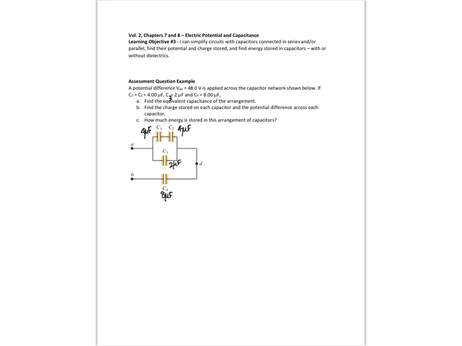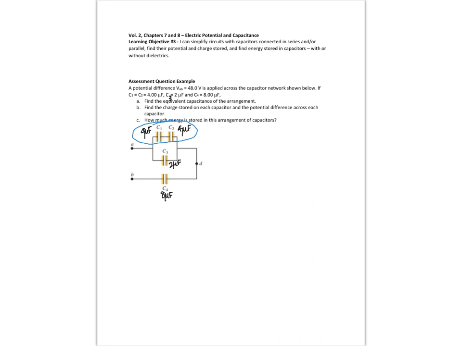So we're going to carefully simplify this arrangement by taking each element and simplifying it until we end up with one single capacitor. The first thing I'm going to do is deal with these two capacitors that are in series and replace them by an equivalent capacitance.